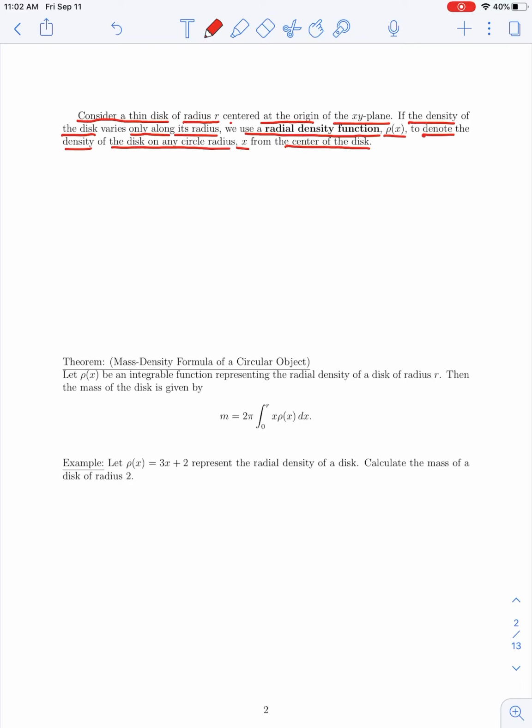So let's try to visualize this problem. Let's suppose that in the xy plane, we have some disk centered at the origin of radius r.